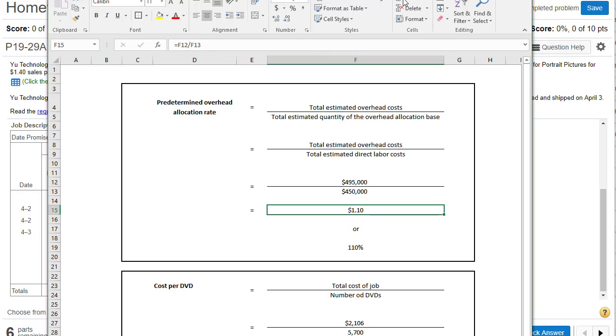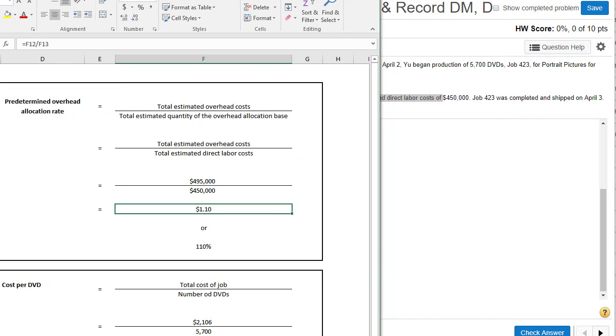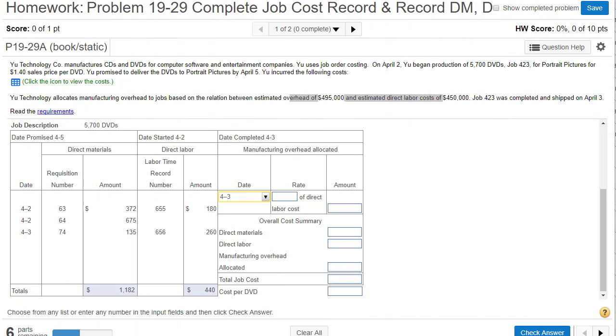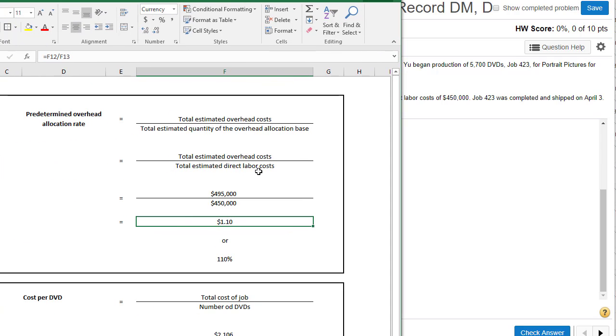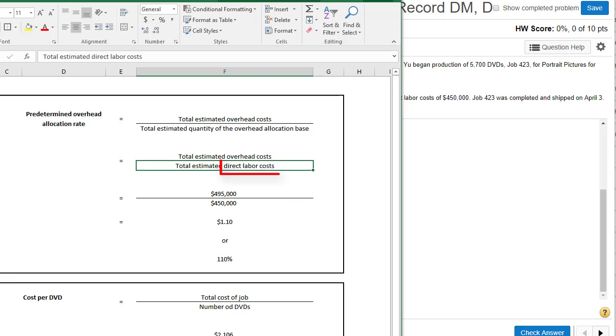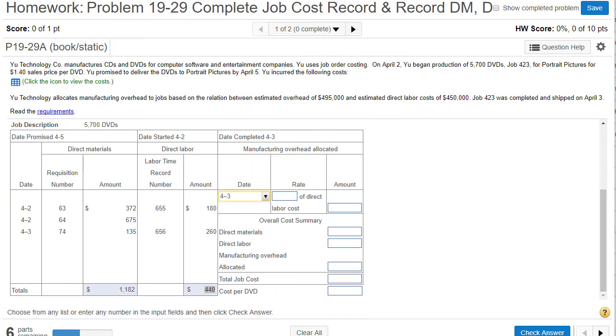So if you like the $1.10 method, what that means is that for every dollar of direct labor costs, and the direct labor costs are right here. Why are we using direct labor? Well, that's what the company chose to use. And you can tell they chose to use it from right here, direct labor costs.